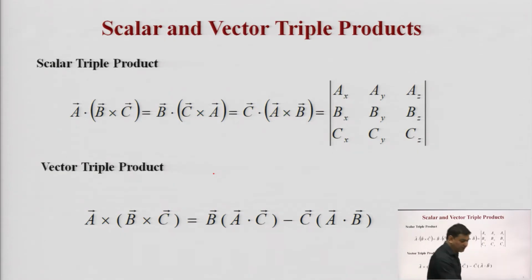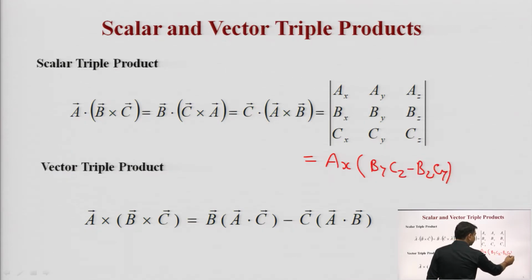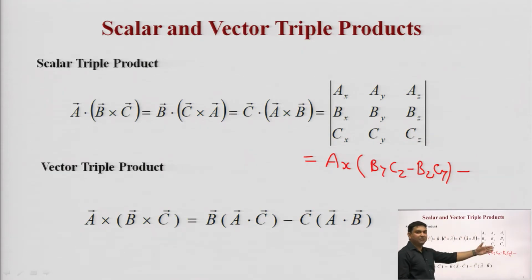Very simple phenomena, and in the same way it can be described in the form of AX BY CZ minus BZ CY, and in the same way the complete expansion of the matrix you can see here.